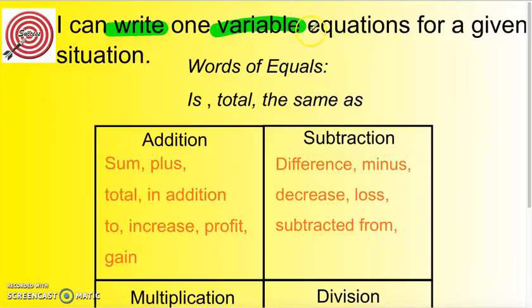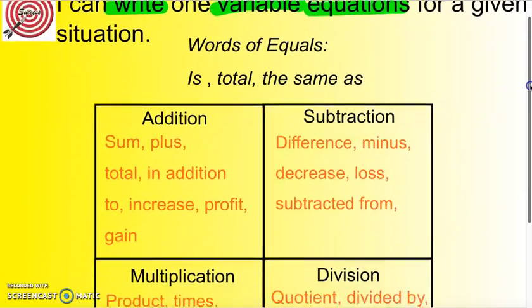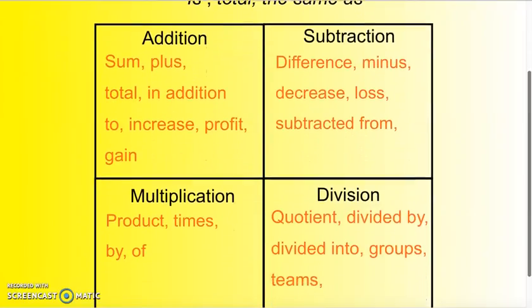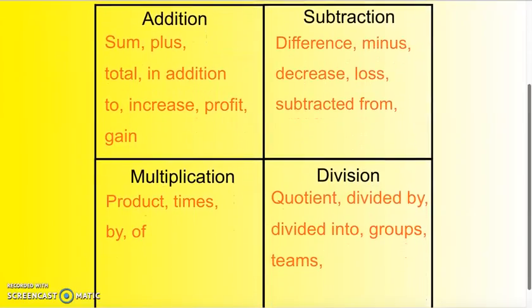But then within an equation, we need to also have an operation, which if we don't know words that clue us in to different operations, then it would be really difficult for us to write an actual equation. So let's start off. Here are some words for addition, subtraction, multiplication, and division.